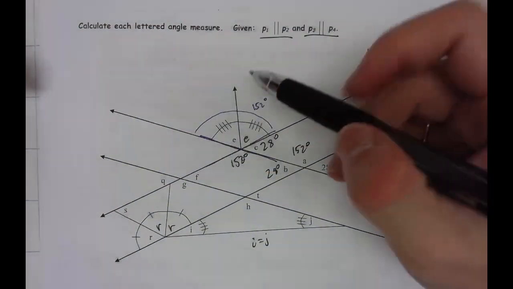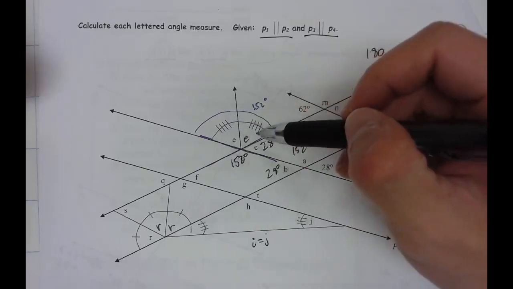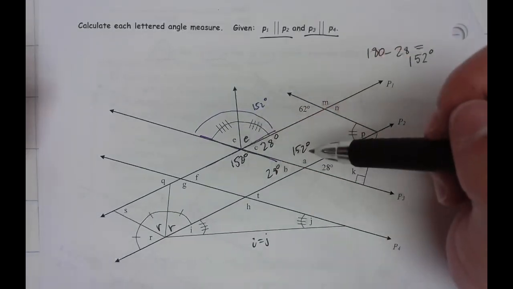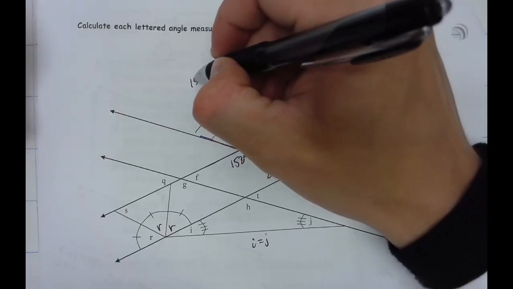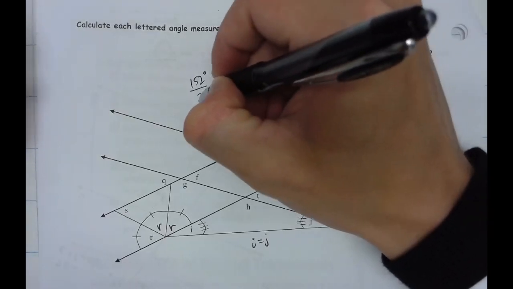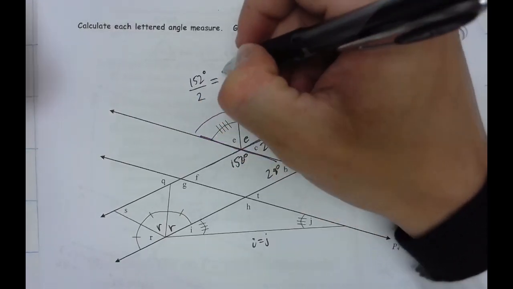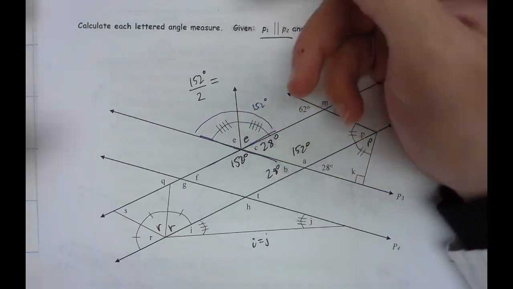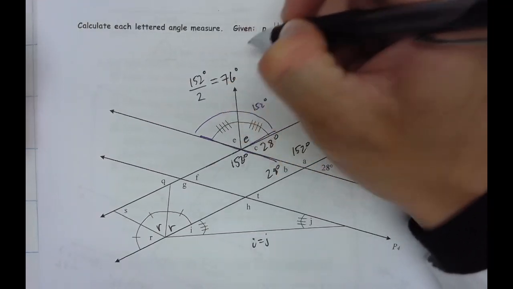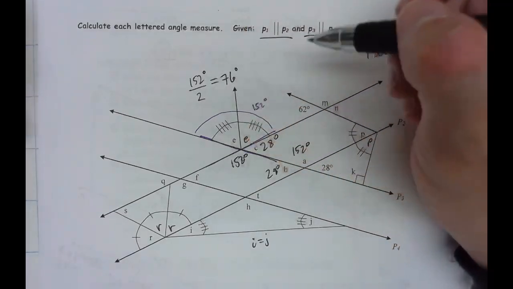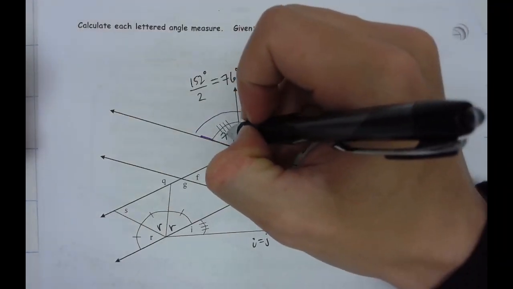Well, if I'm splitting 152 into 2 equal pieces, how could I find measure of angle E? That's right, I could divide by 2. Wow, very cool. Anyways, this would be 76 degrees. Okay, so that means E must be 76.